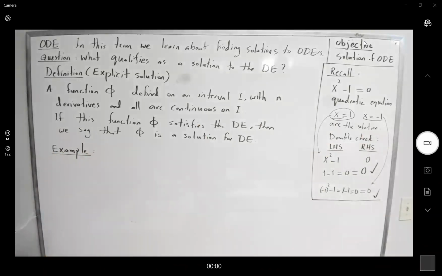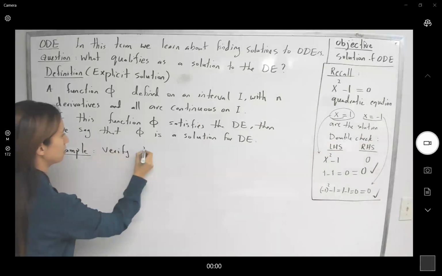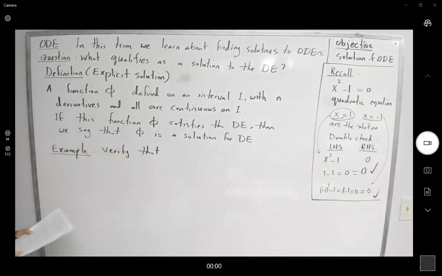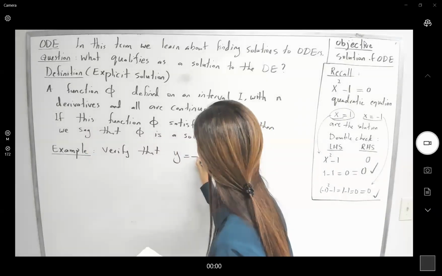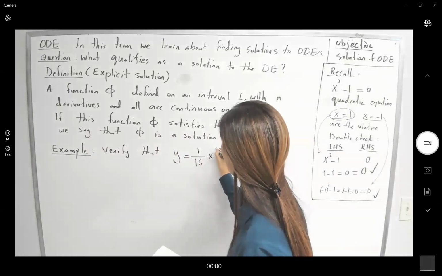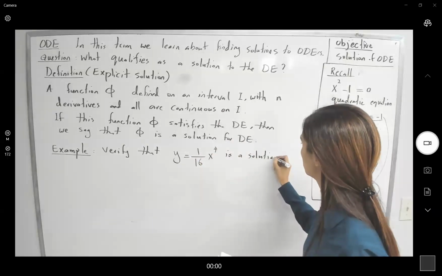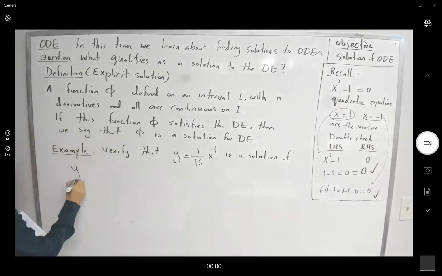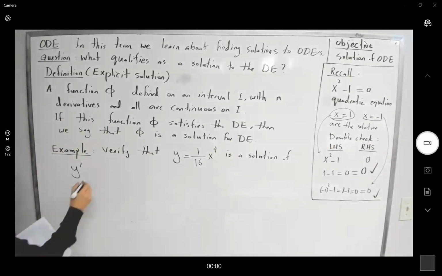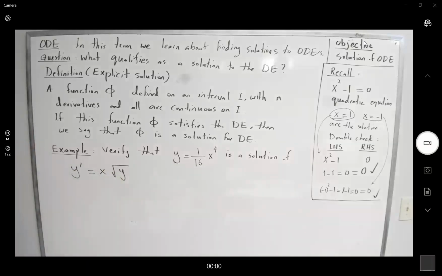So in this example, verify that y equals 1/16 x to the fourth is a solution of the differential equation y prime equals x times square root of y.